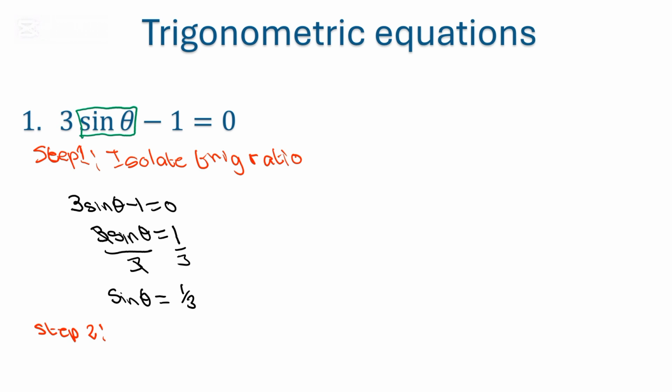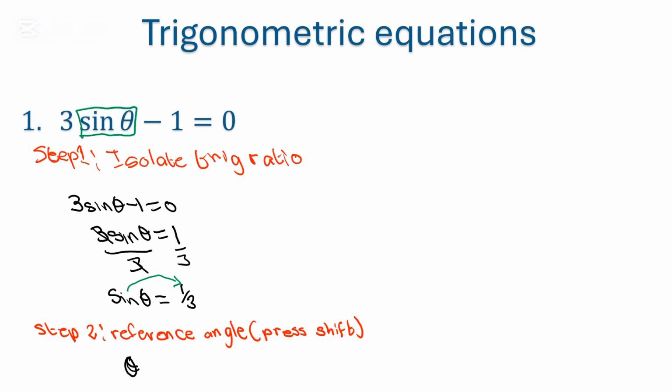I call this the reference angle, where you press shift on your calculator, then you press the ratio that you are using, to take your sine to the other side. So you will be left with theta.